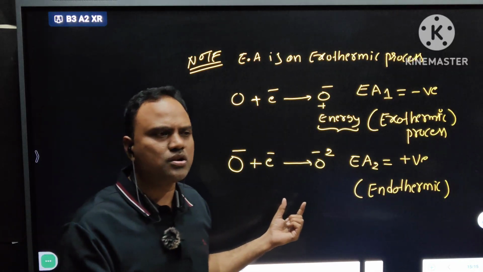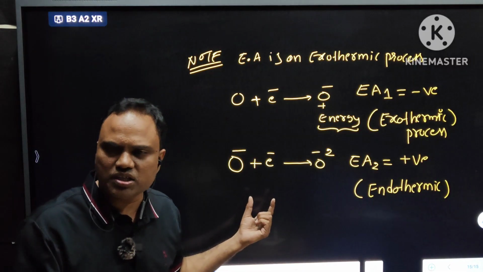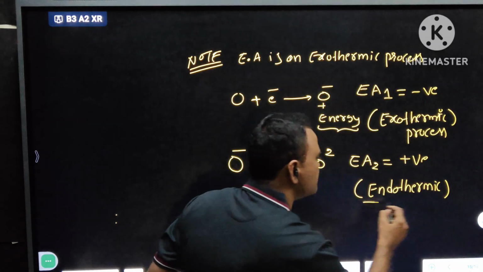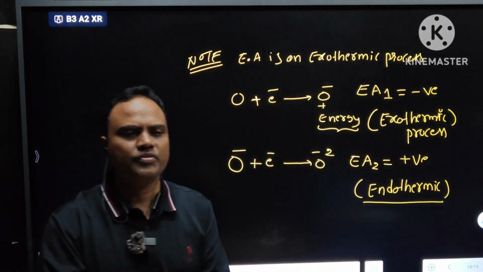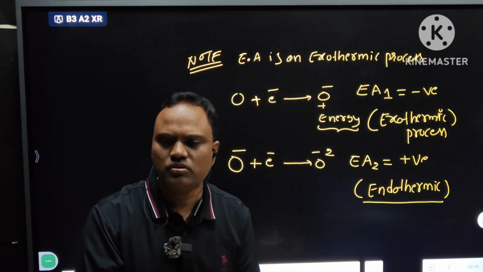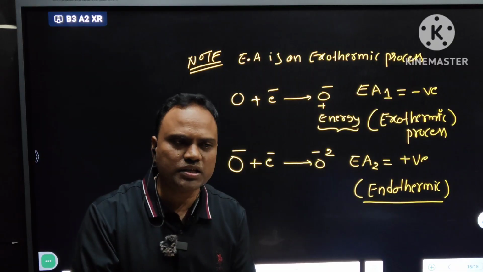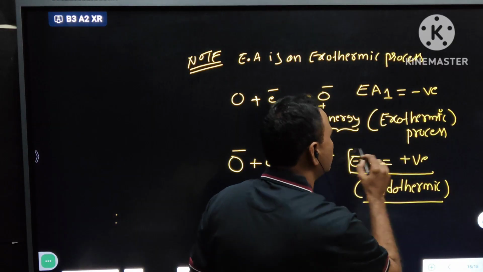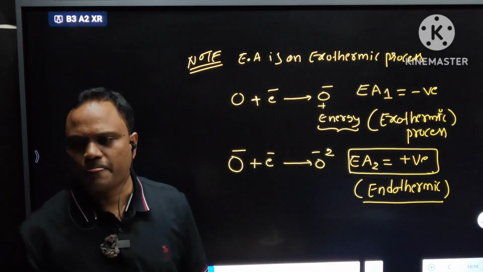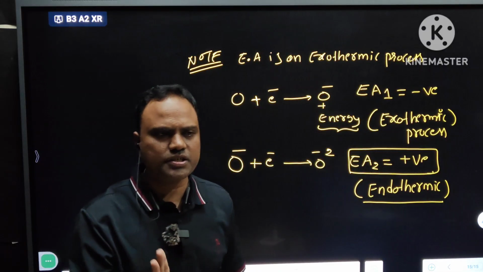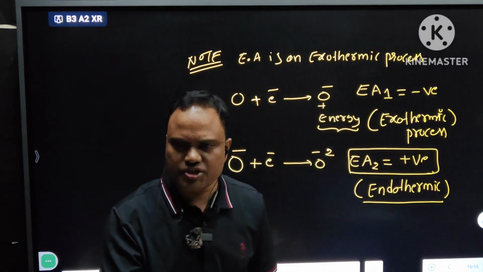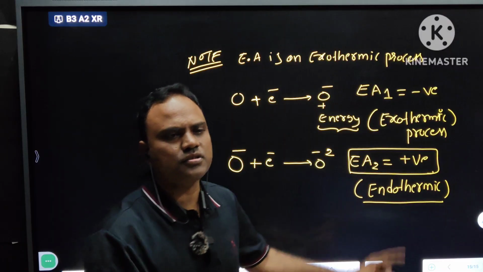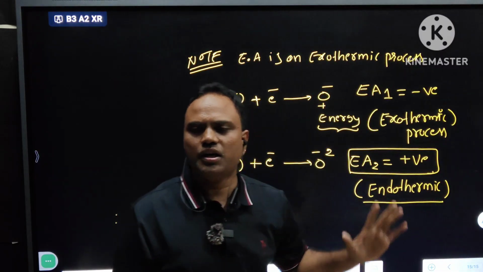Addition of an electron to a negatively charged ion is always endothermic. Simple trick: addition of an electron to a negatively charged ion is endothermic and is represented as positive. We will discuss the reason also. Clear? Don't get any confusion. So generalization: second electron affinity is positive and endothermic.